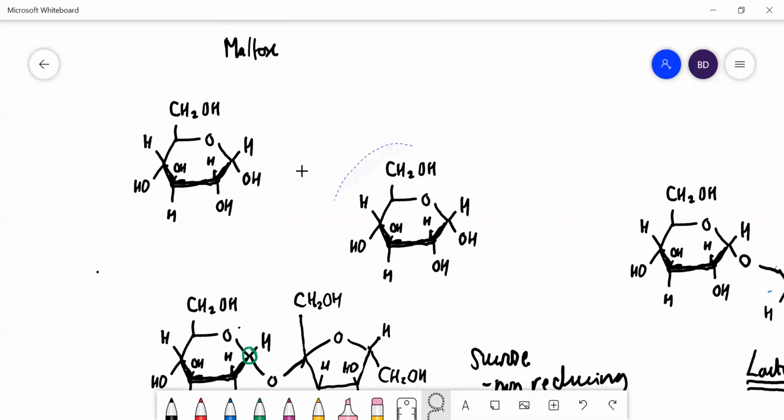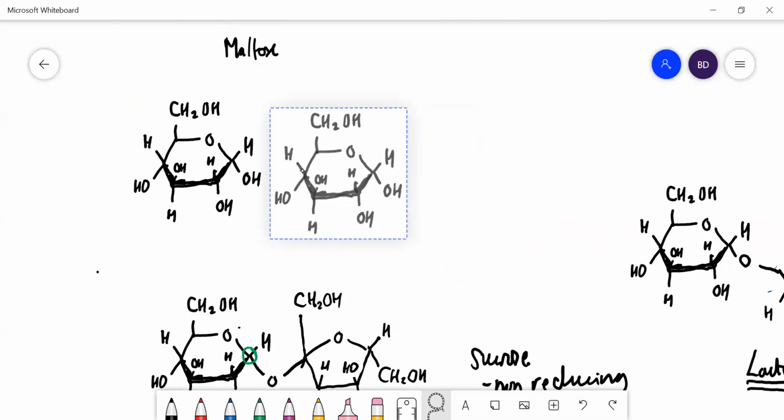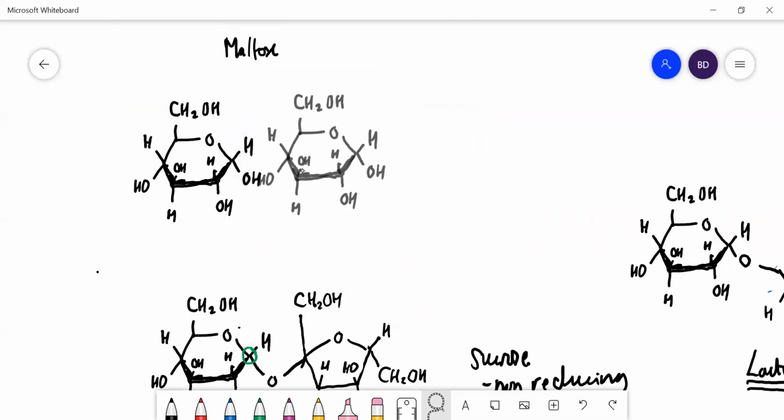Okay. And I'm going to move that over there. So those OHs come together to form the glycosidic linkage. Okay, we're going to lose H2O from there. We just got the oxygen in there. That's the glycosidic bond. Okay, that's maltose.